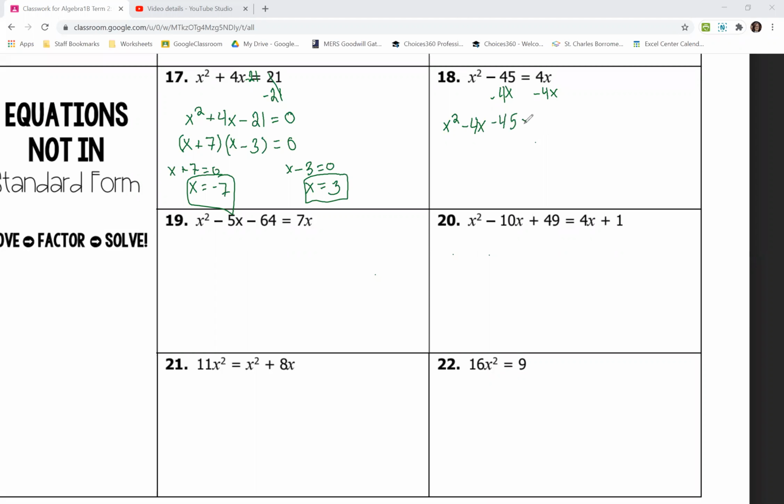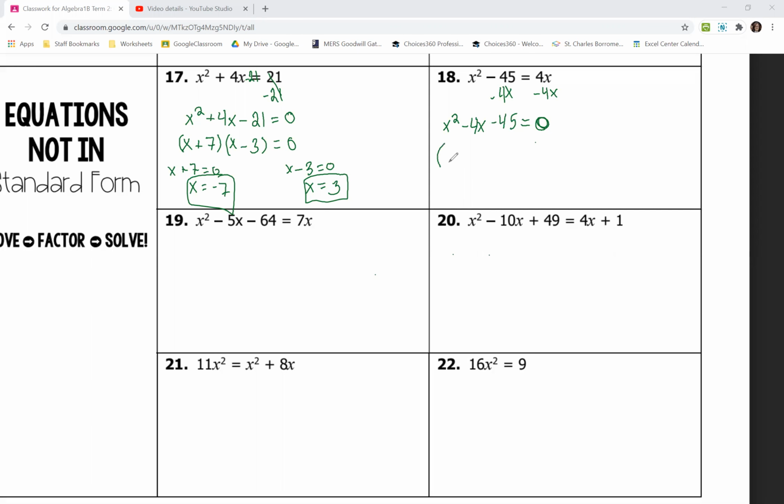Okay, and then now on the other side, 4x minus 4x equals 0. So I'm moving that 4x over there by subtracting 4x's from both sides. And then in the same step, I decide to make sure that I am writing my trinomial in what we call a standard form, where the x squared goes first, and then the x term, and then the constant.